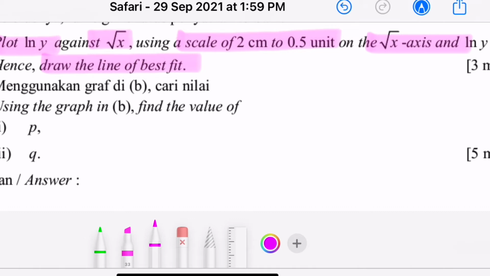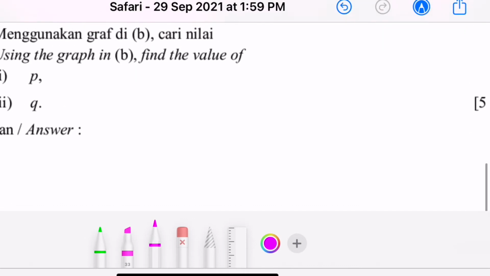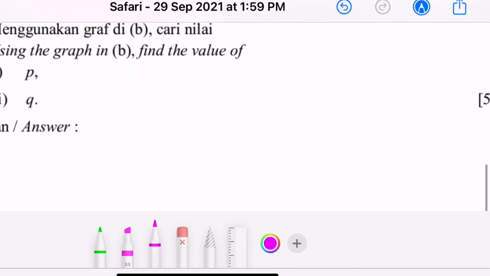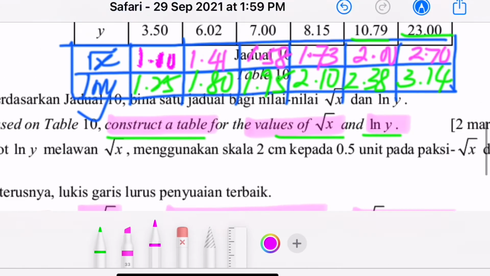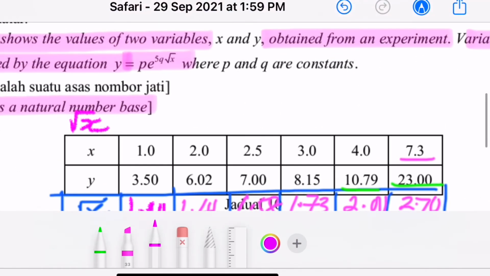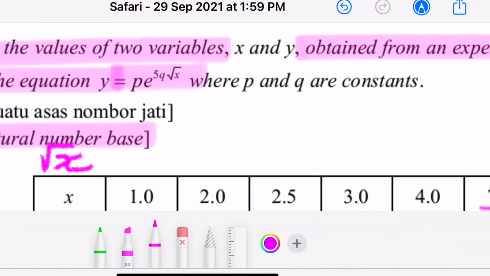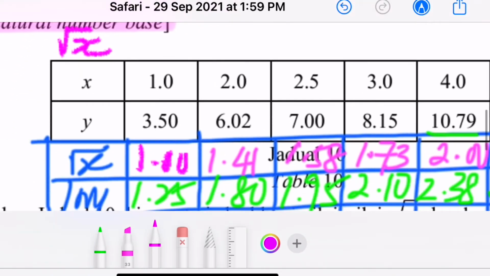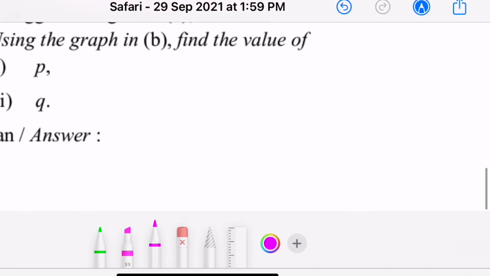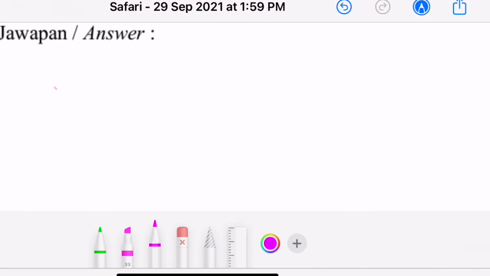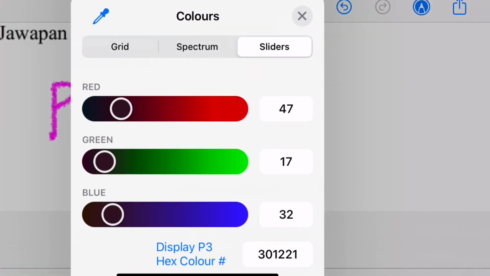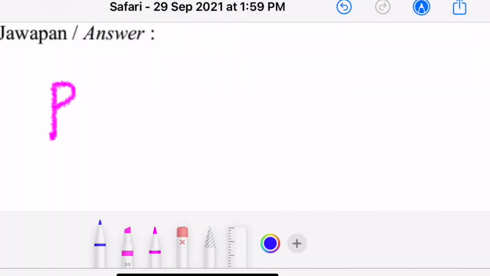Now, how to solve for the constants is we have to start from the nonlinear equation, which is this one. We are going to start from the nonlinear equation y equals p exponential 5q square root x. So I'm going to show you how we derive or come up with a linear equation.